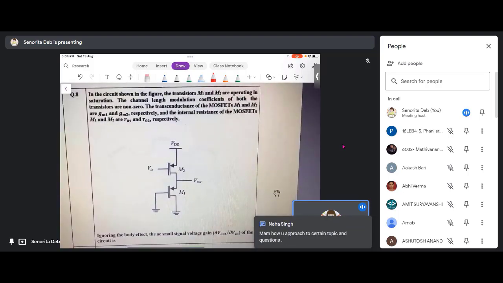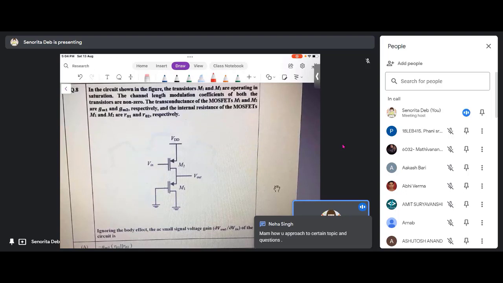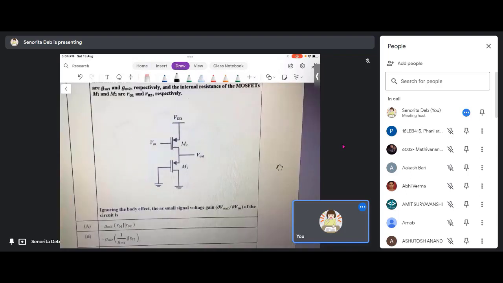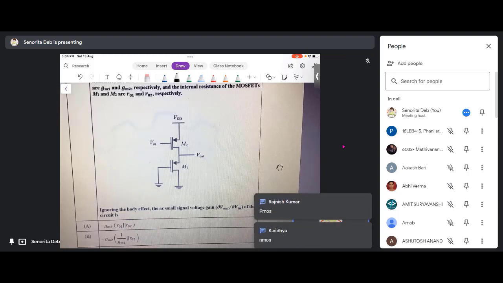If you see, this was a 1 mark question and it is not worth wasting 10 minutes, so why did they give it? It's pretty easy. These two are the MOSFETs. Which kind of MOSFETs are these, NMOS or PMOS? This is a PMOS.